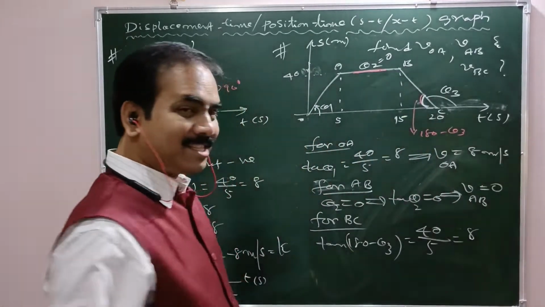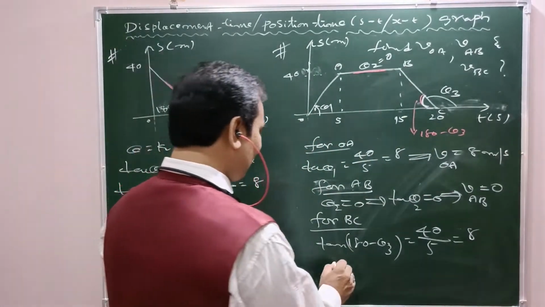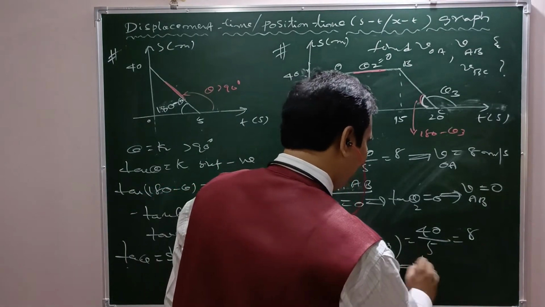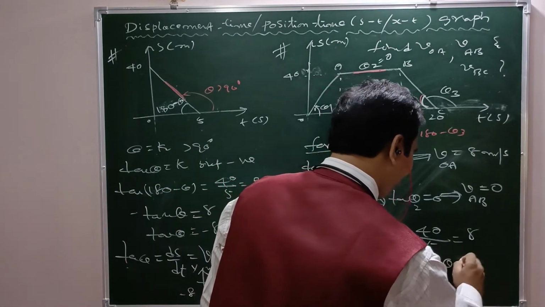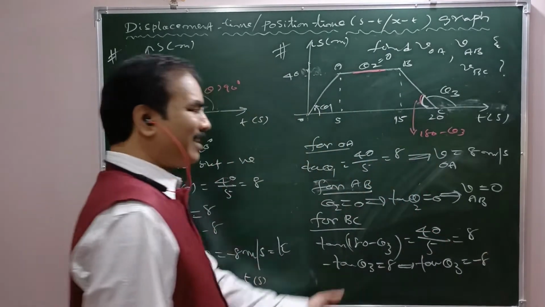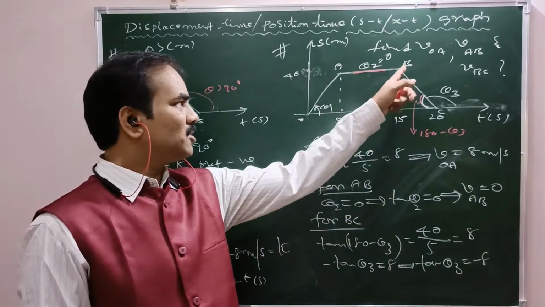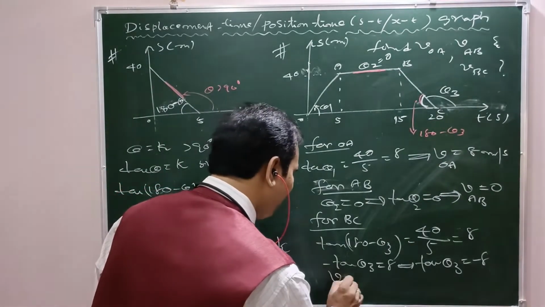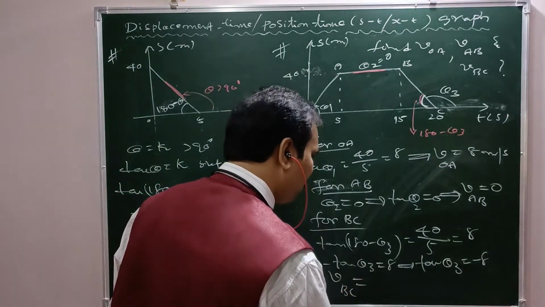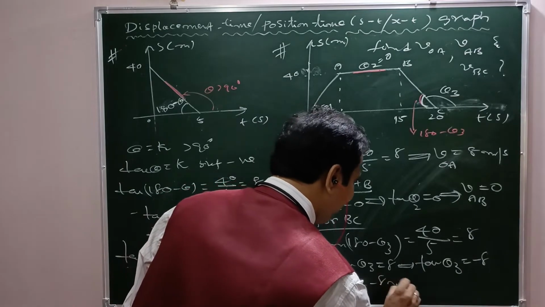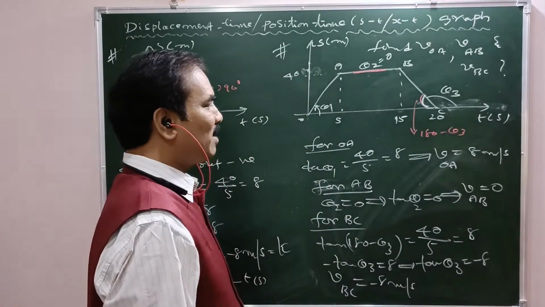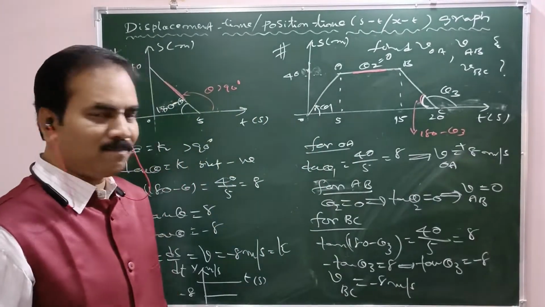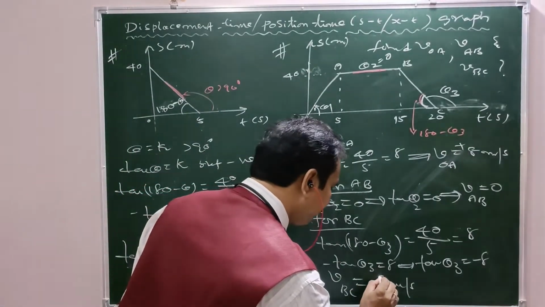Now tan 180 minus theta 3 is minus tan theta 3 equal to 8, which implies tan theta 3 equals minus 8. Tan theta 3 is the velocity for the segment B to C. So VBC equals minus 8 meter per second. Here it is plus 8 meter per second, here minus 8 meter per second.